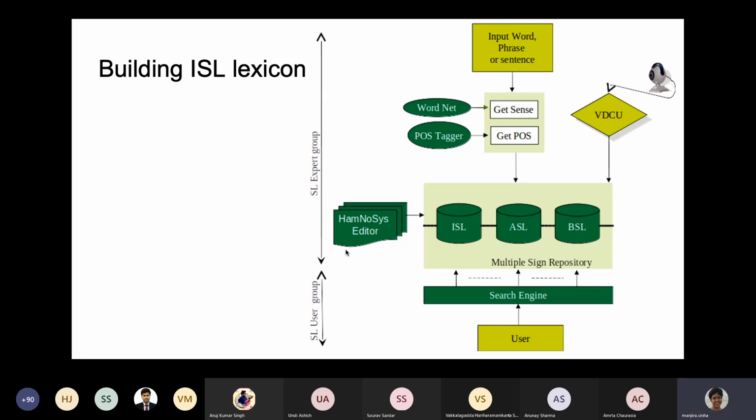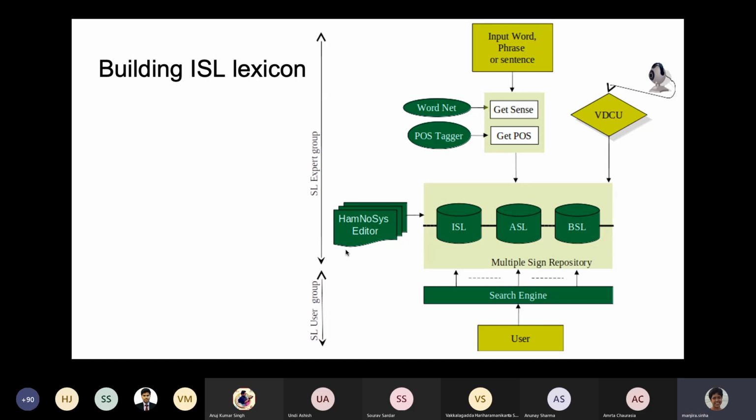Just like text to speech generates speech output by reading aloud the individual words, based on the Hamnosys notation the sign language is generated, or the actual animated example is generated.